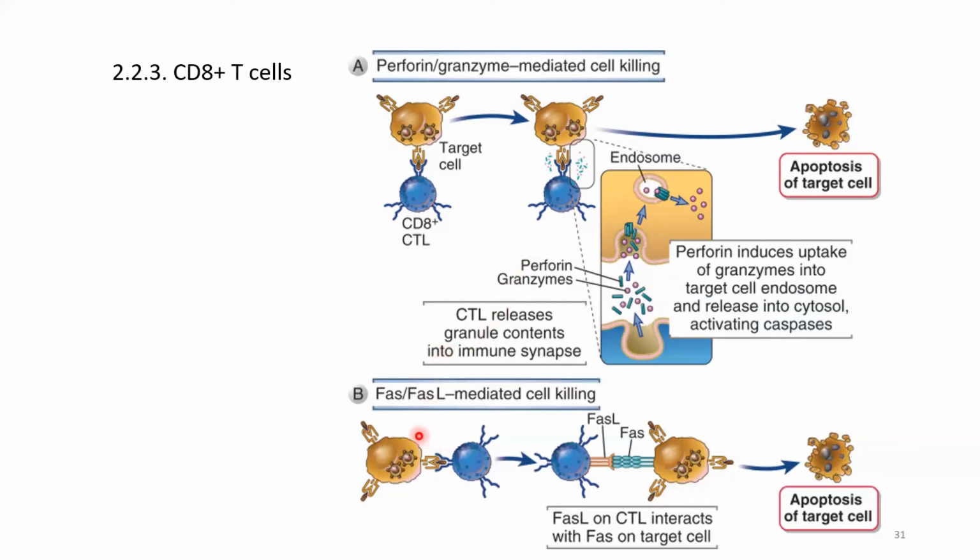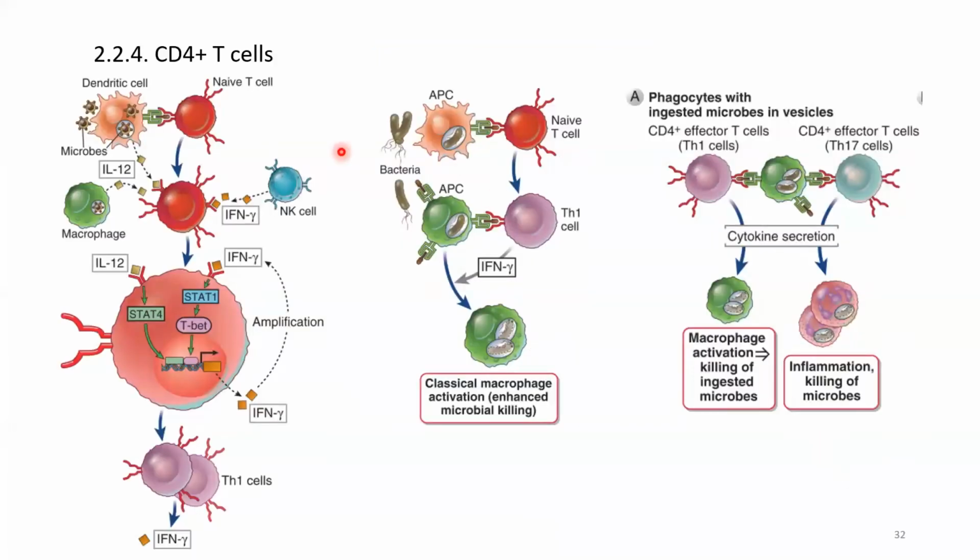Cytotoxic T cells can also activate cell killing via Fas ligand and cause apoptosis. Okay. T helper, or CD4 positive cells, also play a role in intracellular bacterial infection. So let's have a look step by step. You have a phagocytic cell, which is supposed to be a dendritic cell.